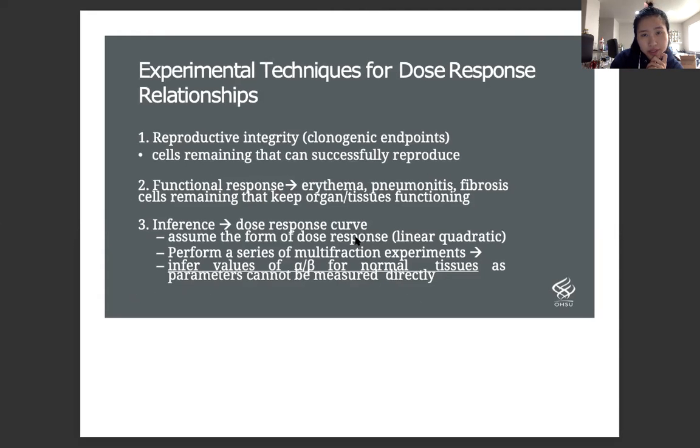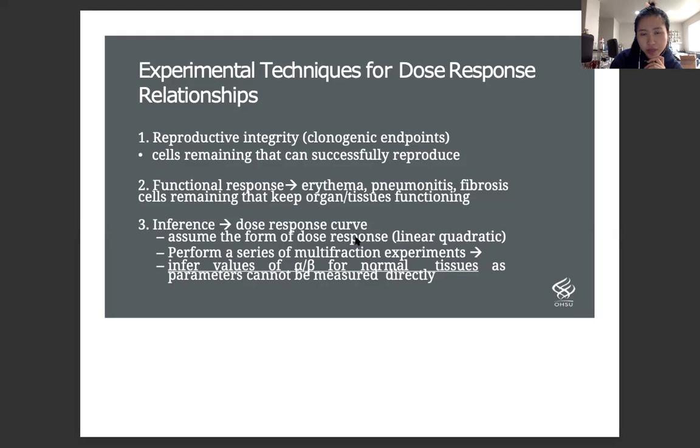Experimental techniques for dose-response relationship. We have 1, 2, 3: the reproductive integrity, the functional response, and inference. Reproductive integrity, or clonogenic endpoints, measures cells remaining that can successfully reproduce.